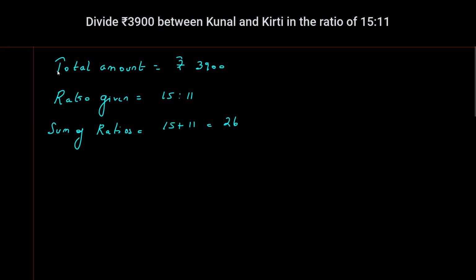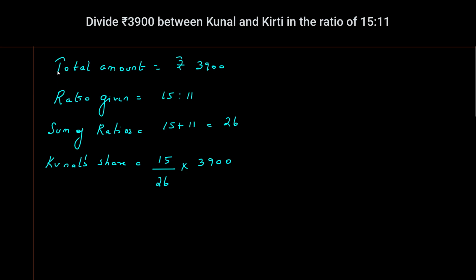Let's directly find Kunal's share. To find Kunal's share, what you're supposed to do is take the ratio corresponding to Kunal, which is 15, divided by the sum of ratios, which is 26, multiplied with the total amount, 3900.